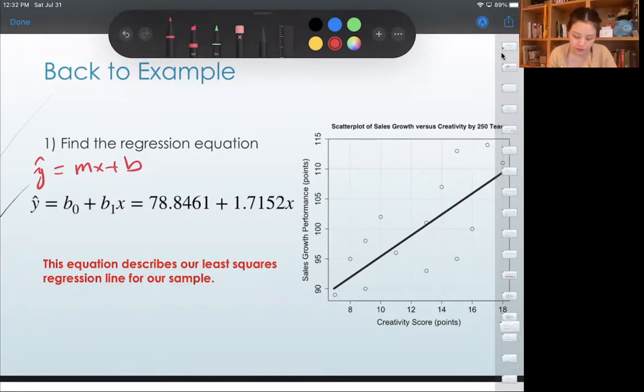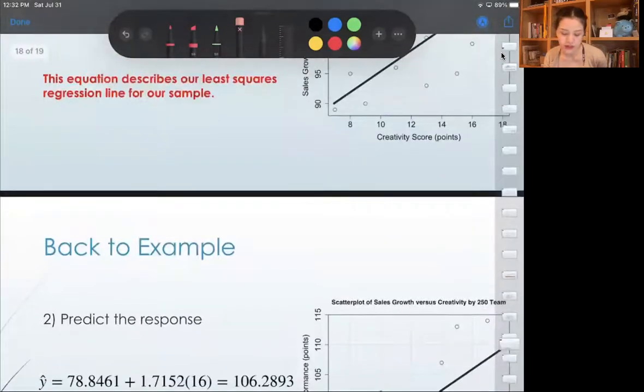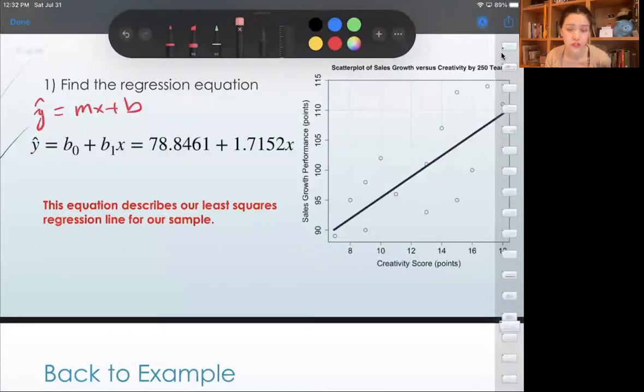Again, our y-intercept is 78.8, from the outcome of the software, and the slope is 1.7. It's a positive slope. Plug it in. So that's step one, the regression equation.